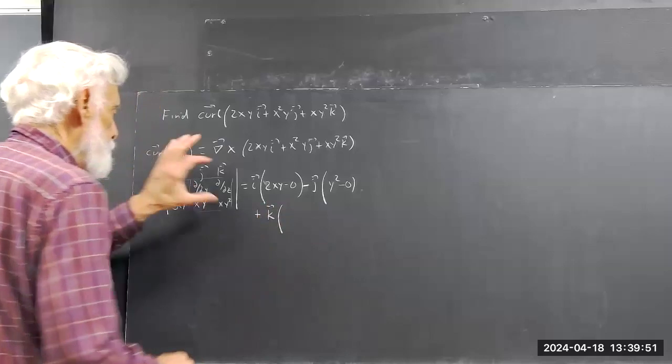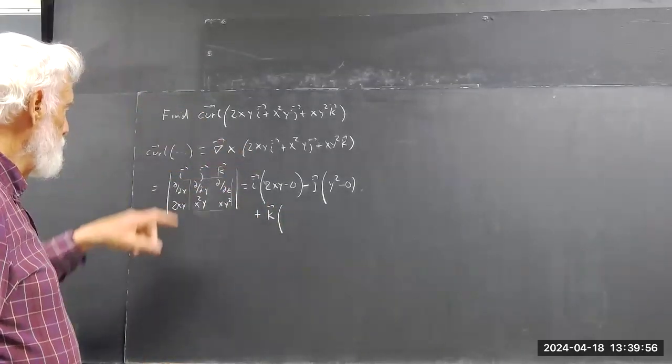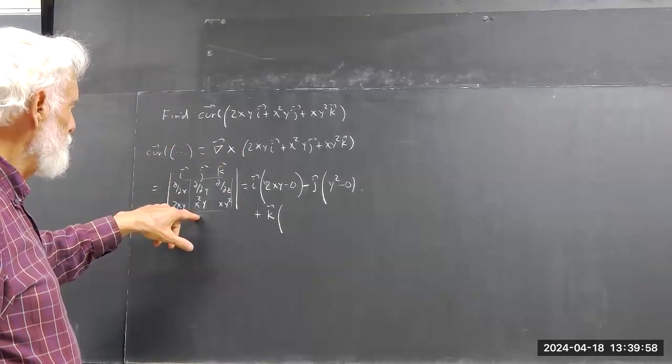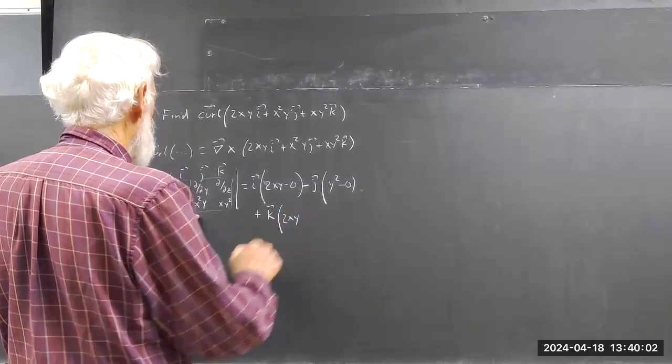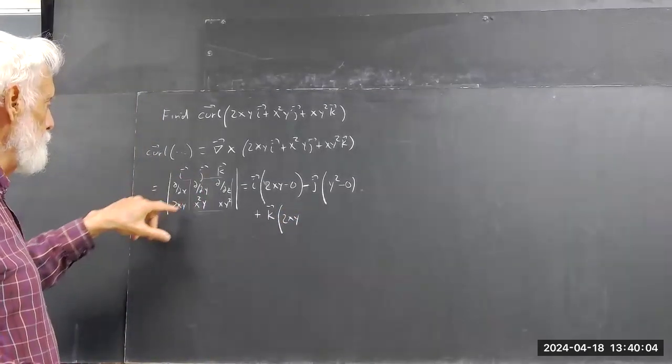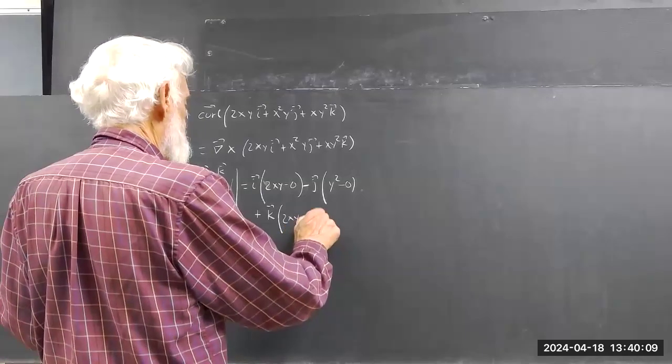And then it's plus k times the minor that we get when we remove the k column. Partial of this with respect to x is 2xy, and the partial of 2xy with respect to y is 2x.